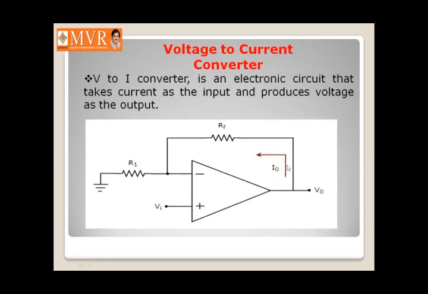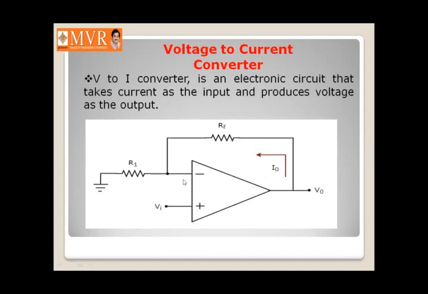As we know, the current through this Rf resistor is I naught, so we write Vi by R1 plus I naught. But we are going in the opposite direction to the current I naught, so we write it as minus I naught instead of I naught.